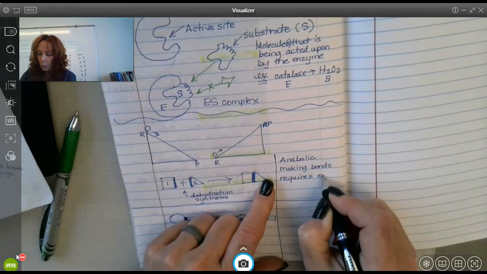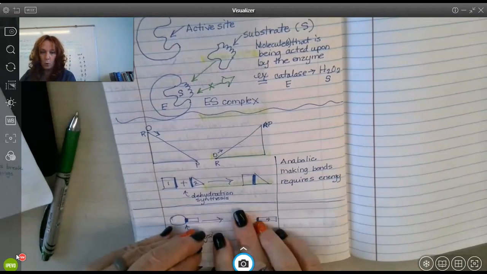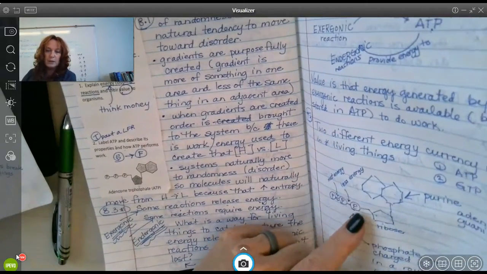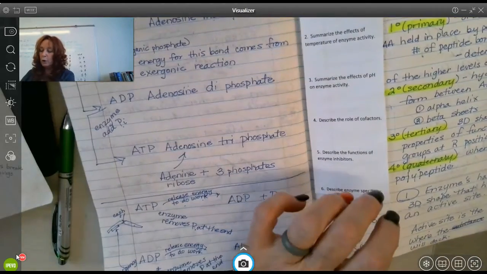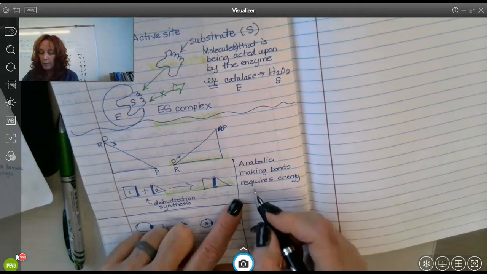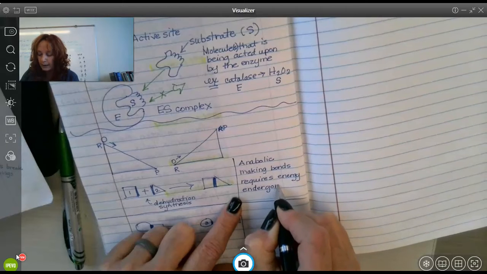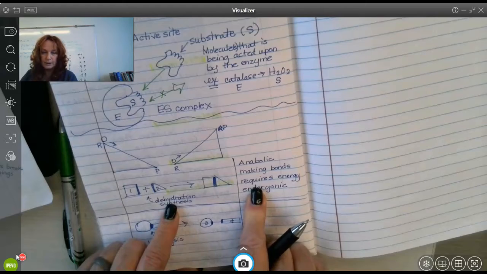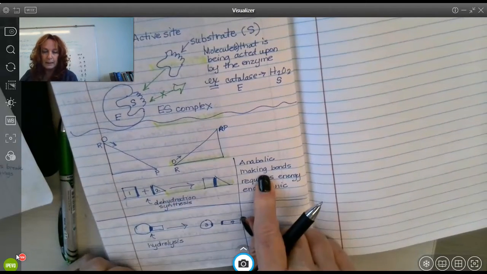This requires energy, often paid for, as we talked about before, using our currency of ATP. We're going to call this process also endergonic. So all of these words, along with dehydration synthesis, describe this same process of putting things together.